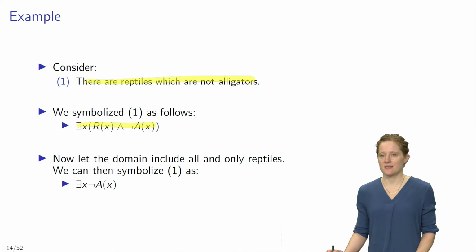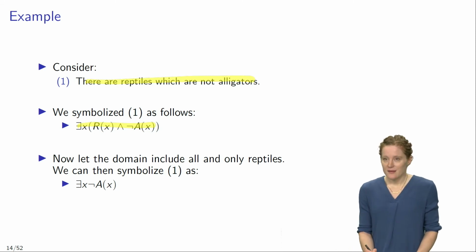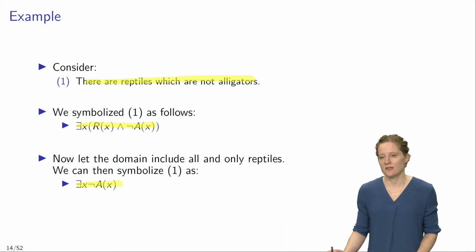We said there is an x such that Rx and not Ax. Now, alternatively, we could also have stipulated that our domain includes all and only reptiles. If we did that, we could symbolize sentence 1, there are reptiles which are not alligators, more simply as there is an x such that not Ax. Since our domain, according to our stipulation, includes only reptiles, that means that there is a reptile which is not an alligator.